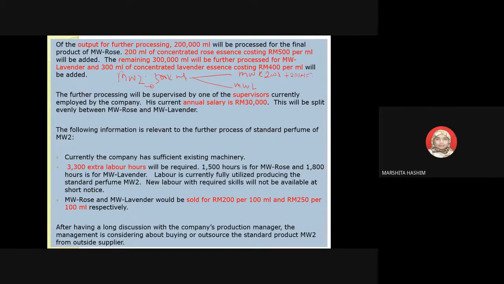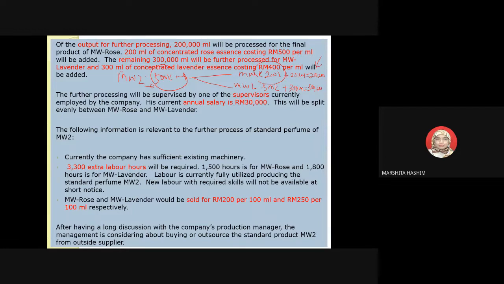So your output will be 200,200 ml. MW lavender, remember this one 500,000 minus 200,000, balance is 300,000 ml. But then lavender essence, you plus 300 ml. So output for lavender is actually 300,300 ml. Okay, this output you use to calculate your revenue later.